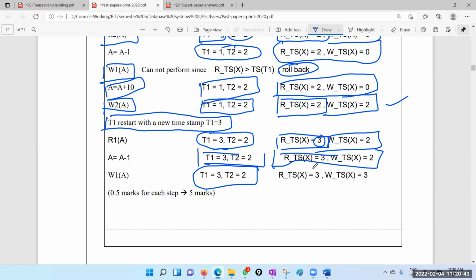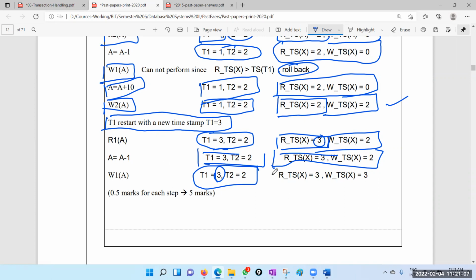Now, what is the write? Your timestamp is 3. You are anyway younger, and your timestamp is in the read also. The write is the older one, right? The older one has written. Now you are younger again because you started with timestamp 3. Yes, you are the youngest one right now, so therefore you can do the write.